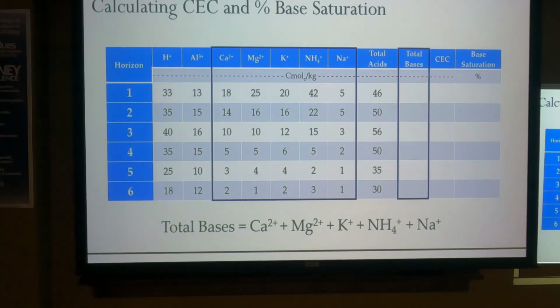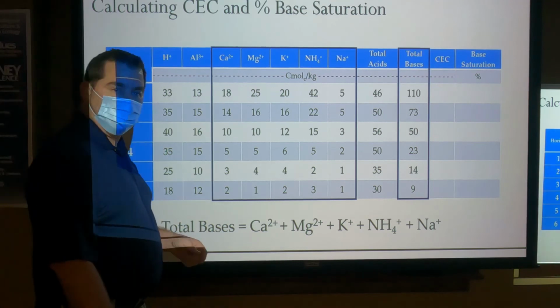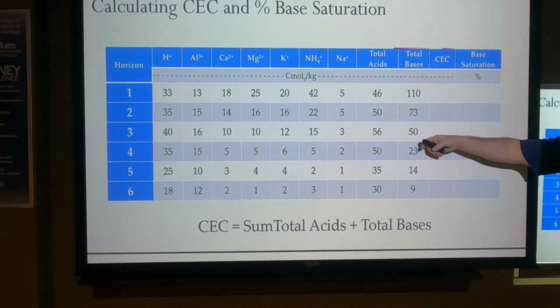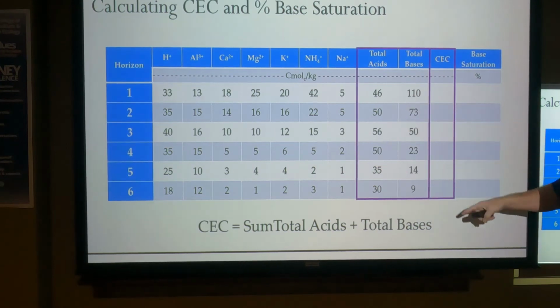Done? 110, 73, 50, 23, 14, and 9. Cool, right? Easy math. Next, we're going to sum both of those. We'll sum total acids plus total bases.